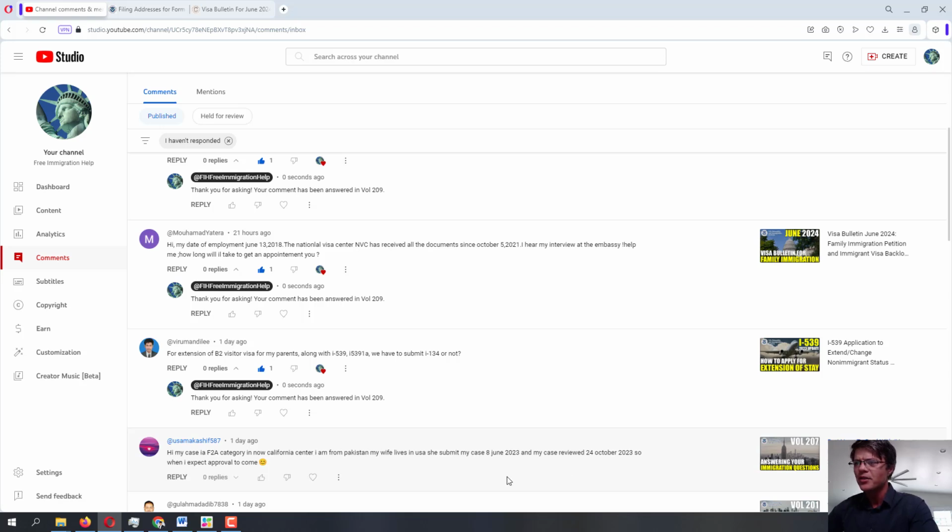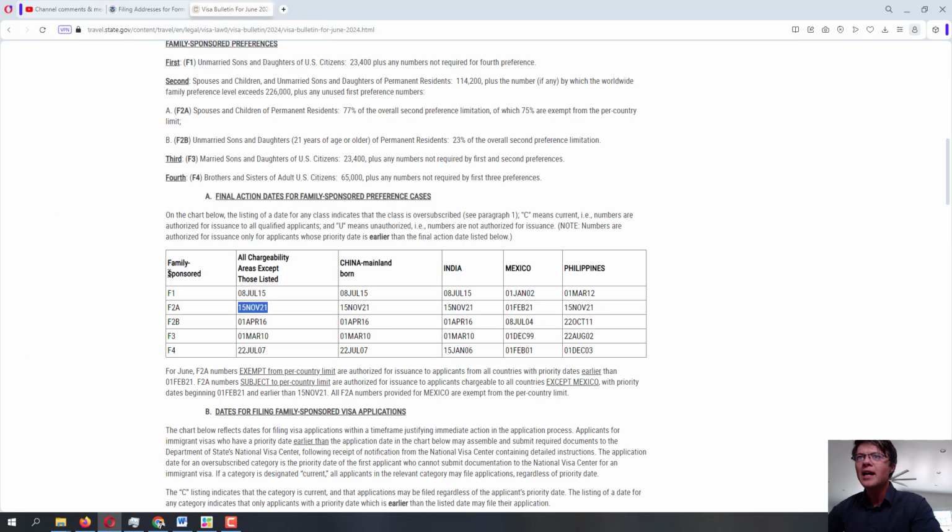Okay, so they already reviewed it, but the case was submitted in June 2023. So your priority date is somewhere around June, July 2023, and the bulletin is at November 2021. So you have about two years and maybe 2-3 more months of waiting for the immigrant visa to become available based on your priority date.